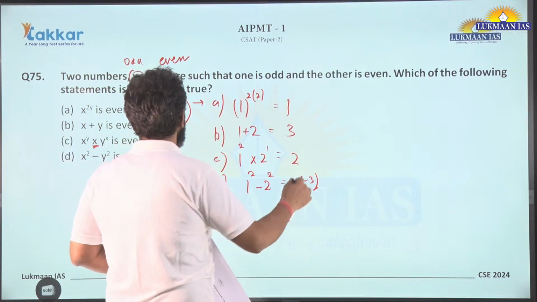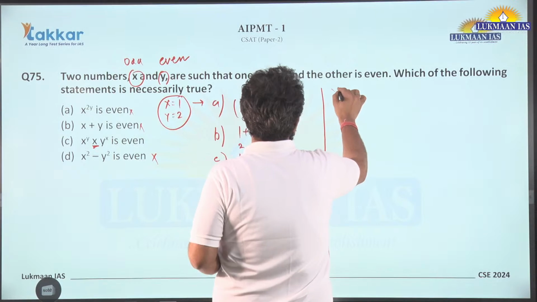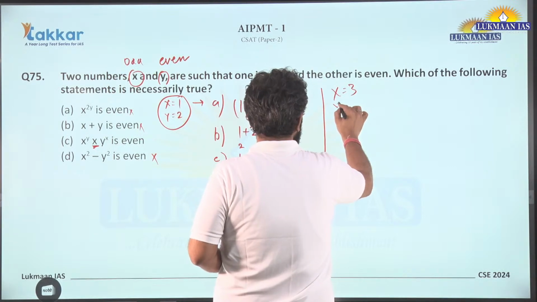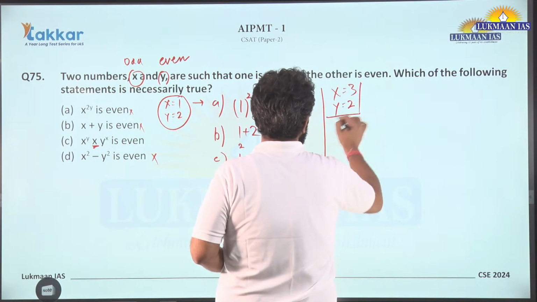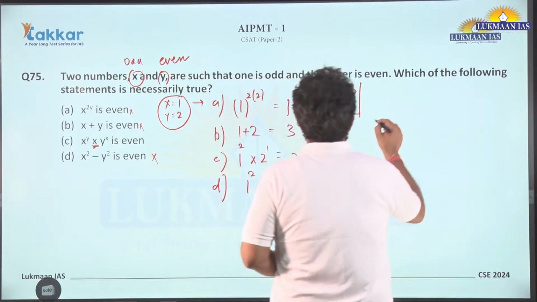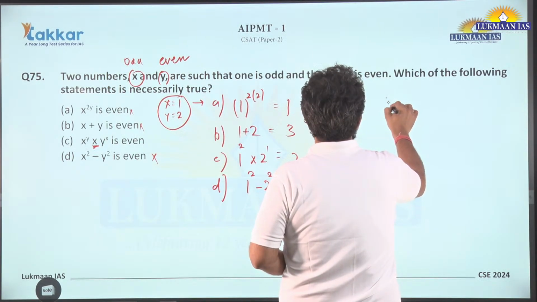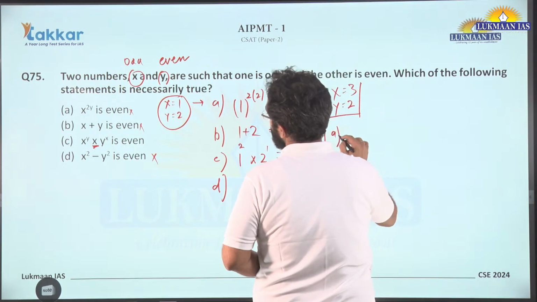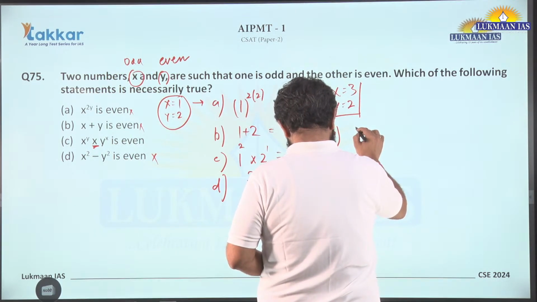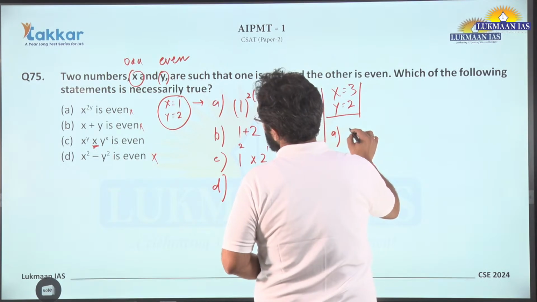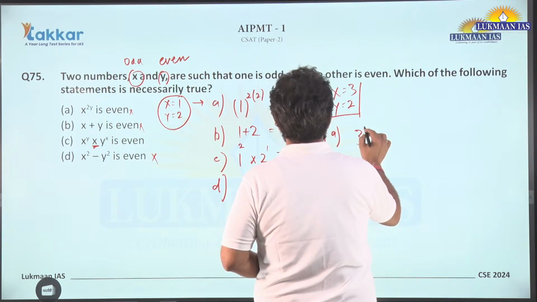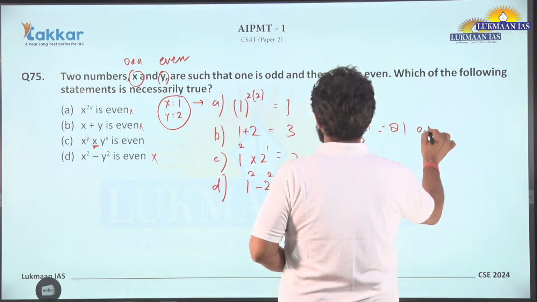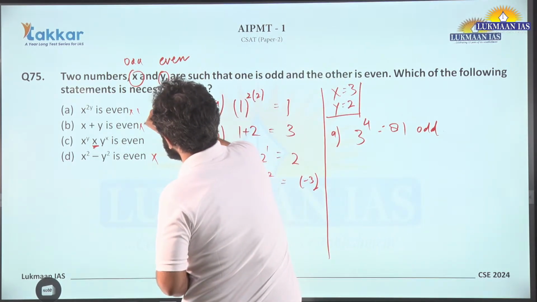Let's try by taking one more instance of x equal to 3 and y equal to 2. Again, this is incorrect.